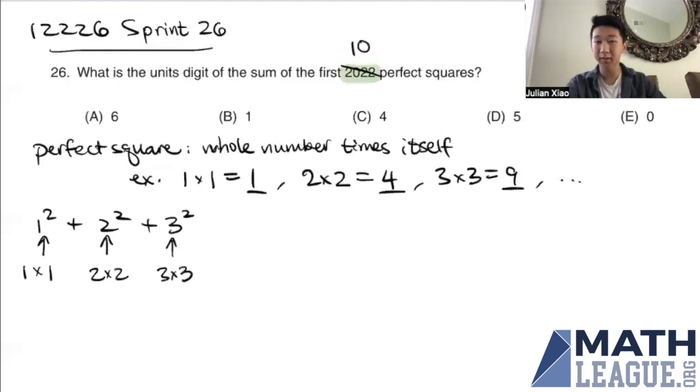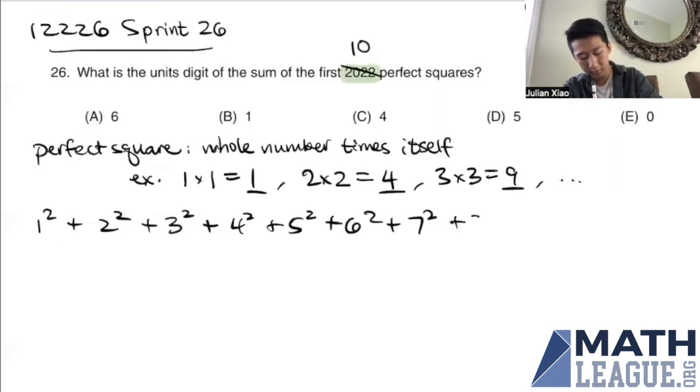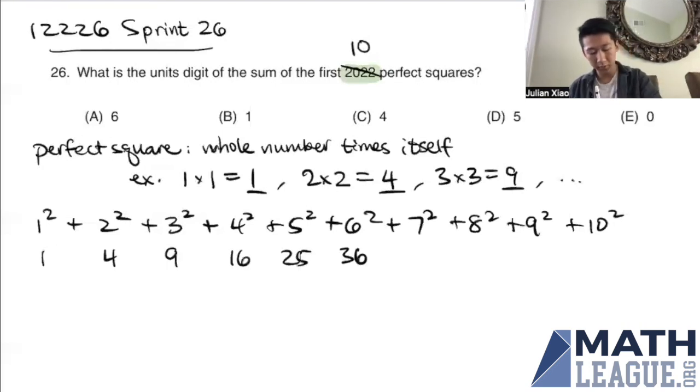So we have 1 squared plus 2 squared, 3 squared, 4 squared, all the way up to 10 squared. I have these numbers memorized, so I'm just going to write them out really quickly.